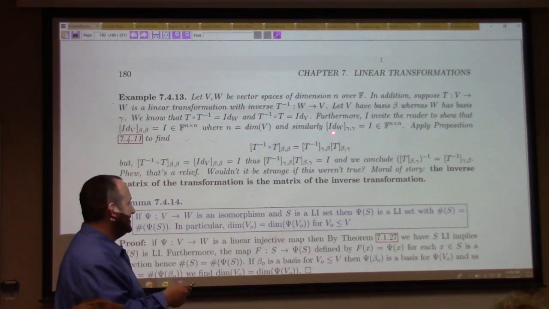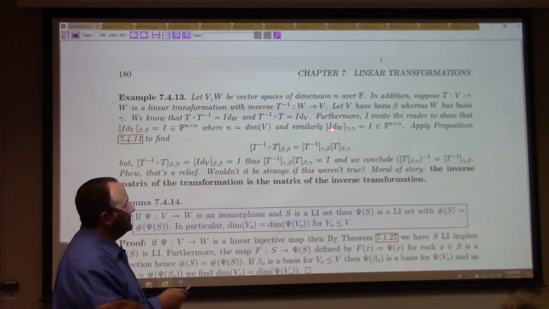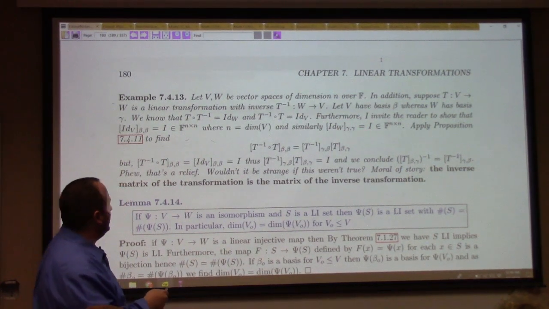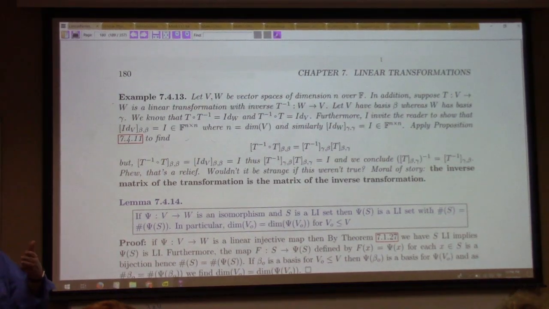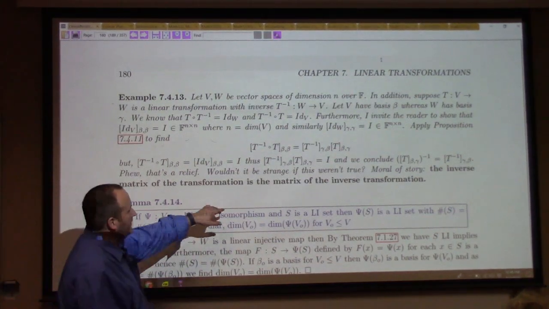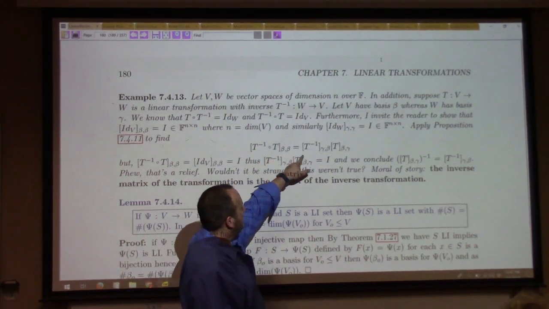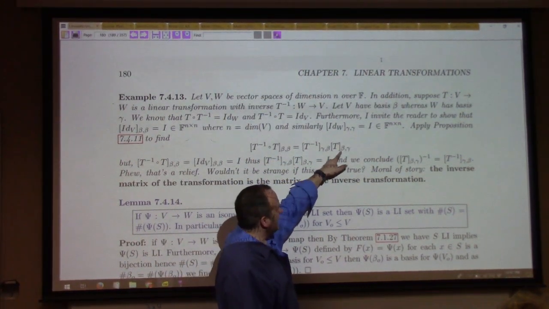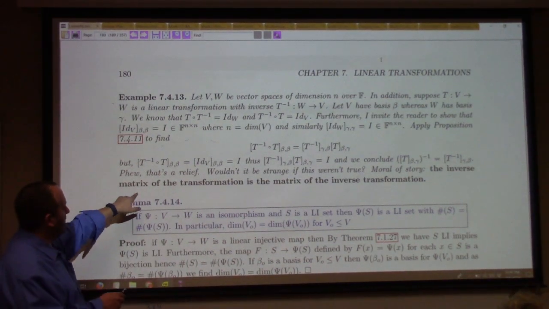So the matrix of id_W with respect to gamma, gamma is also the identity matrix. Anyway, applying the proposition about the matrix of the composite and multiplying the matrices of the linear transformations composed in the natural way, we have the following. The matrix of T inverse composed with T, beta beta, is equal to the matrix of T inverse, gamma beta, times the matrix of T, beta gamma. But what does that say? We also know the other way around.